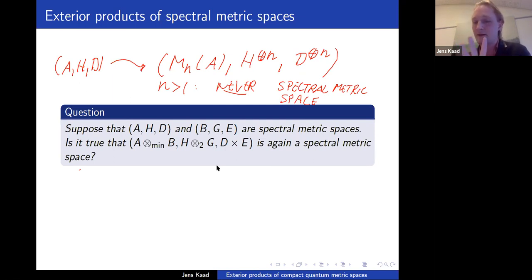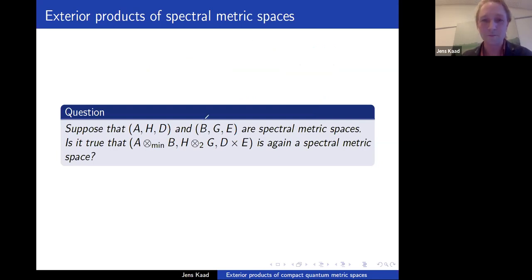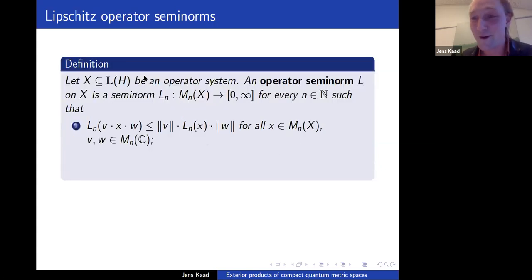So the first thing I will do now is to lift my definition of a Lipschitz seminorm to an operator space context. This is going to be plagiarism from operator space theory, what I'm doing now. So here's an operator seminorm.